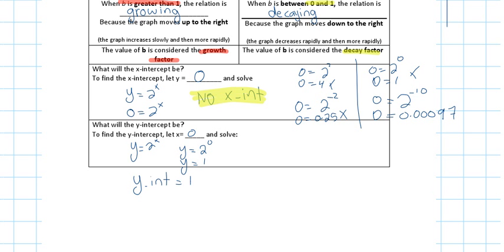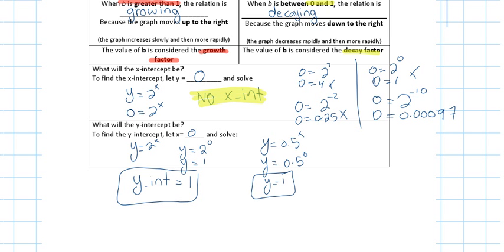How about for y equals 0.5 to the power of x? Same thing, right? I do 0.5 to the power of 0. What's 0.5 to the power of 0? 1. Anything to the power of 0 is 1.